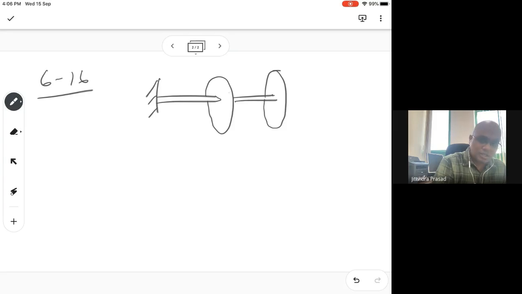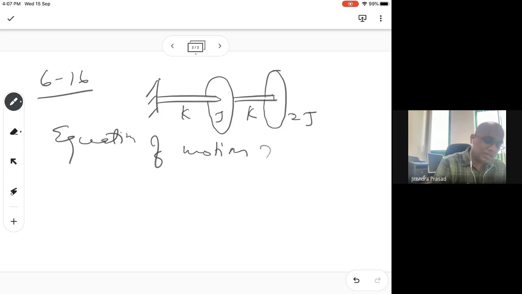This is K, this is J, and this is K again, and this is 2J. Now this question says, for the system shown here, write the equation of motion. That is one thing. Second thing is determine the normal modes using adjoint matrix.